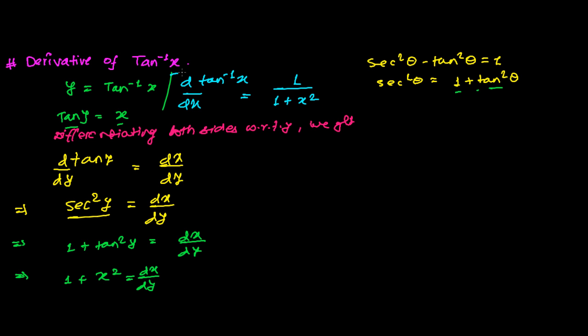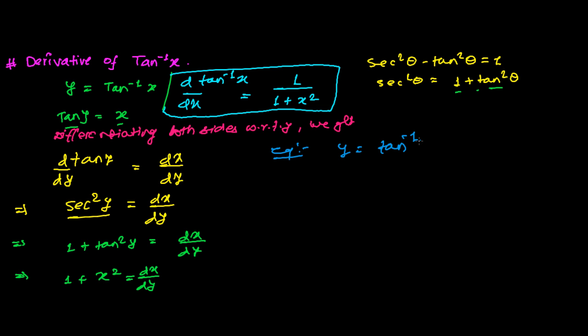Now we can use this result just like an identity, like a formula, to find the derivative of other functions. Let me take an example. I will find the derivative of y equals tan inverse of, say, 3x plus 2. Let's find the derivative using this formula.